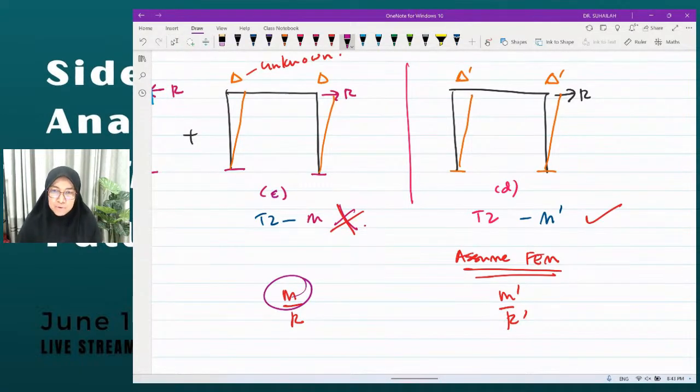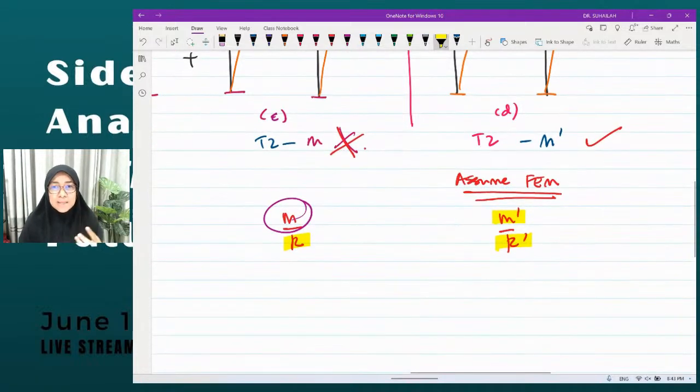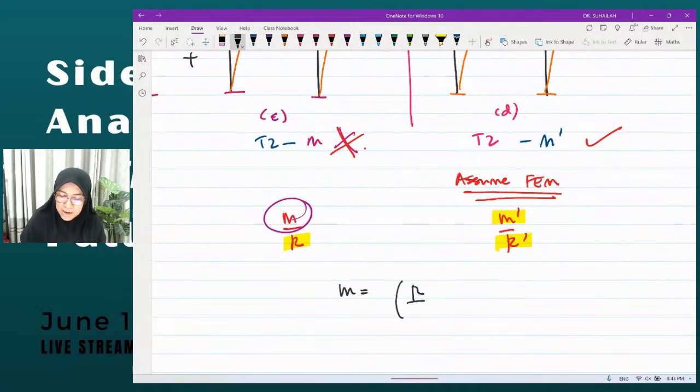M prime we get from table 2. R prime we get from table 2. And R we get from table 1. So in this case, by doing interpolation, we get M is equal to R divided by R prime times M prime. This is the concept.